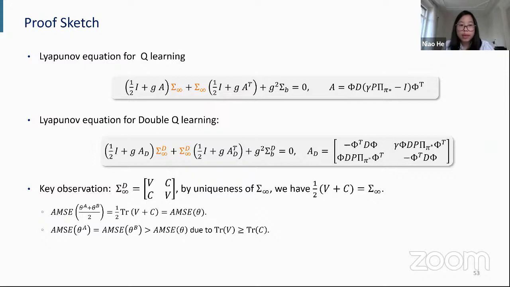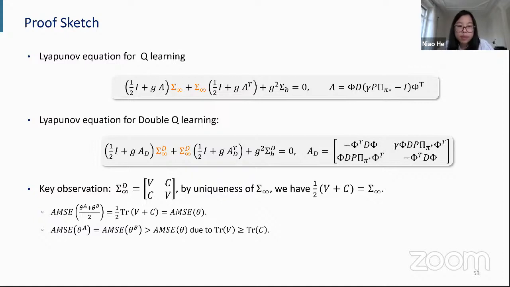By similar reasoning, you can show that the asymptotic mean square error of either of those estimators is strictly worse than that of the Q-learning algorithm, because the trace of this upper part of the matrix is strictly greater than the trace of this off-diagonal matrix part. So that basically completes the proof, right?